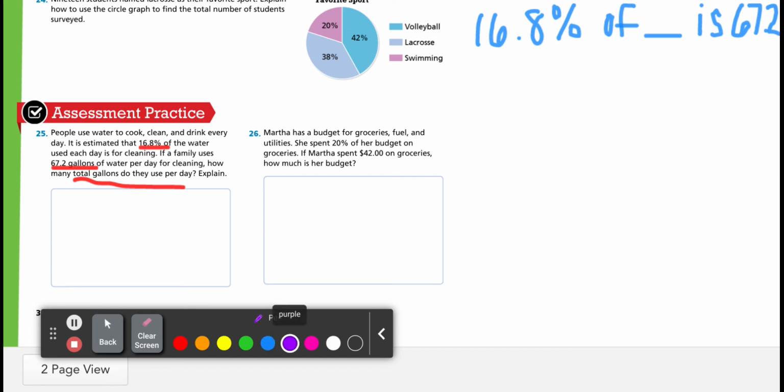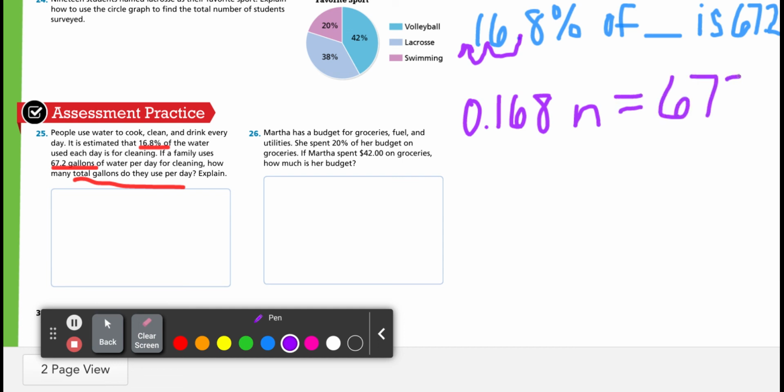Right now we kind of have a combination of words and math. So let's rewrite this. 16.8%. Well, I don't want a decimal percent, so let's convert this to a decimal. And then I would have 0.168 of a number. Of means multiply. So times a number is 67.2, equals 67.2.